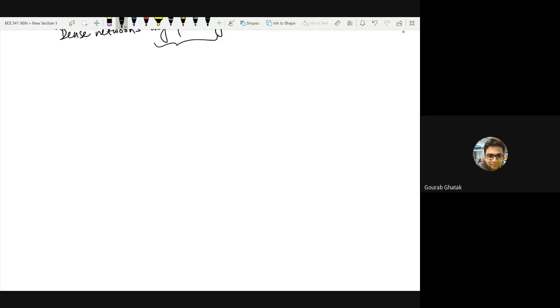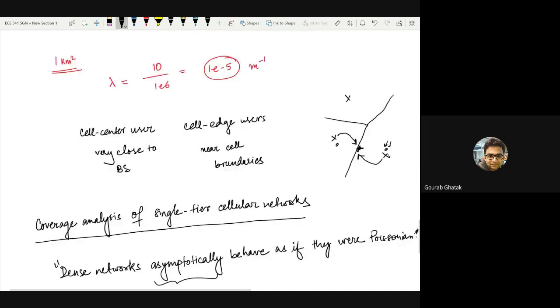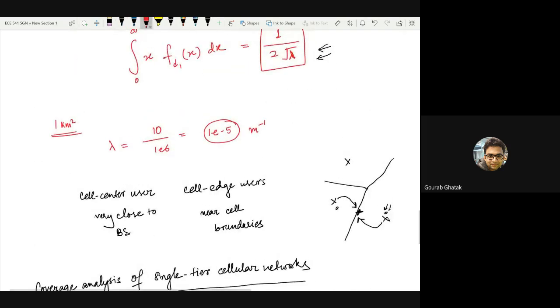We have base stations deployed as a Poisson point process phi with intensity lambda, which means on average every square meter there is lambda. Oh, by the way, the unit of lambda is per unit area.